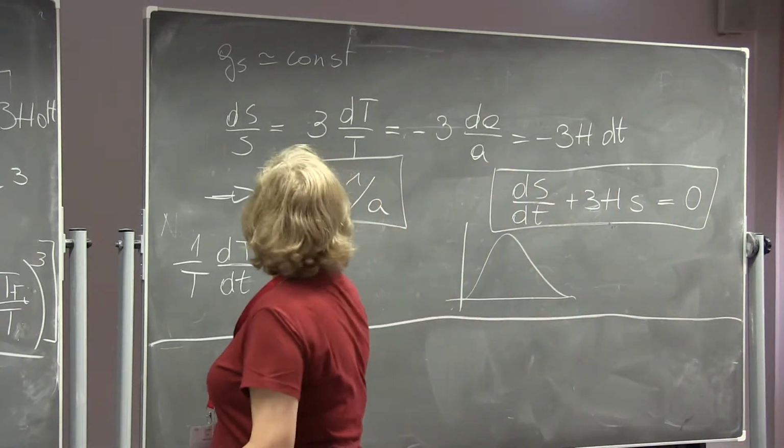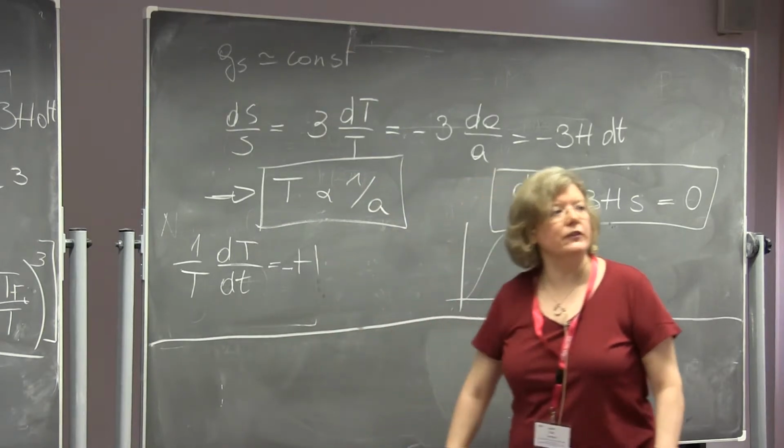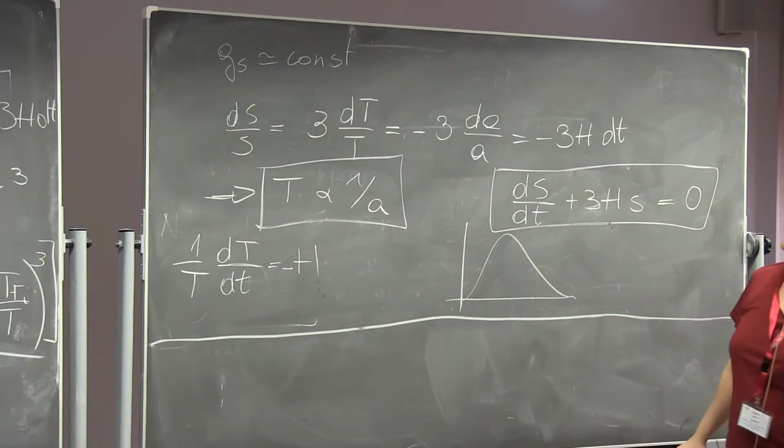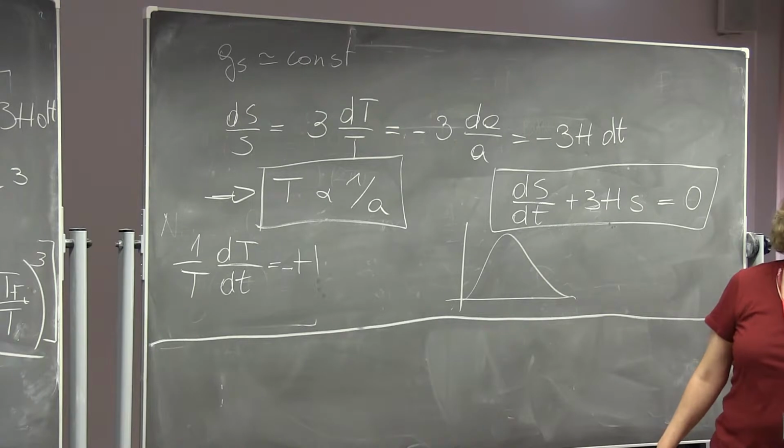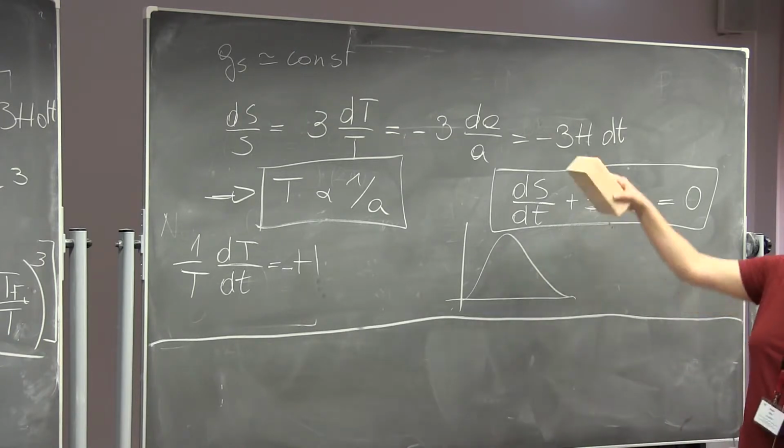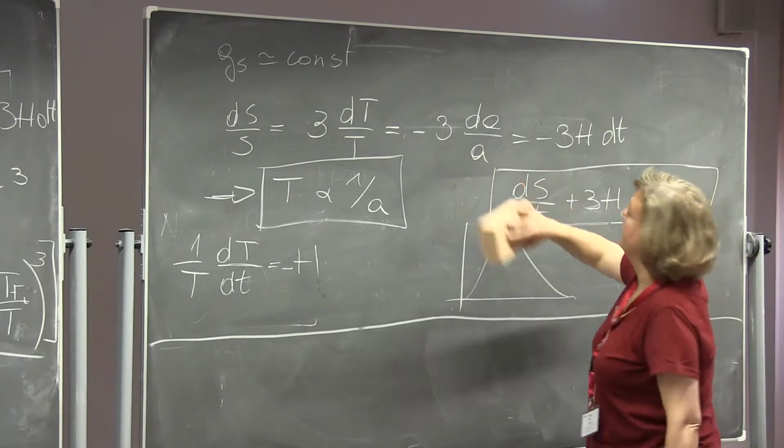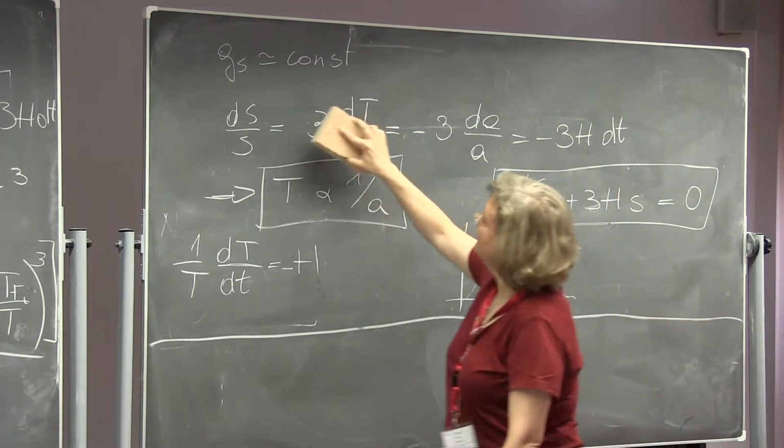Now, of course, what happens if the number of degrees of freedom is not constant? Then, of course, I have to take into account also the change in number of degrees of freedom. This means this equation is not completely correct. I have to add a piece.